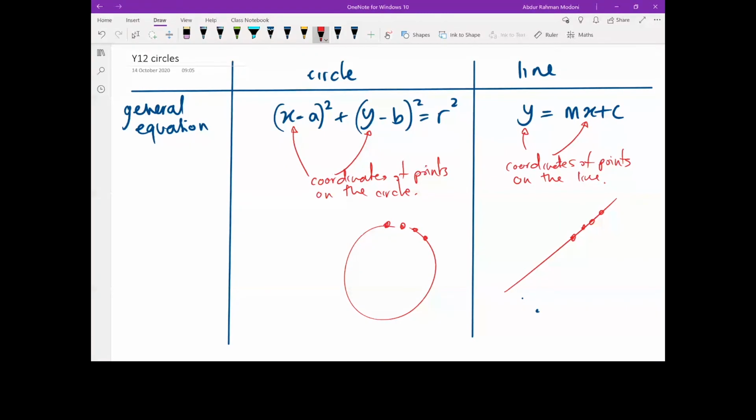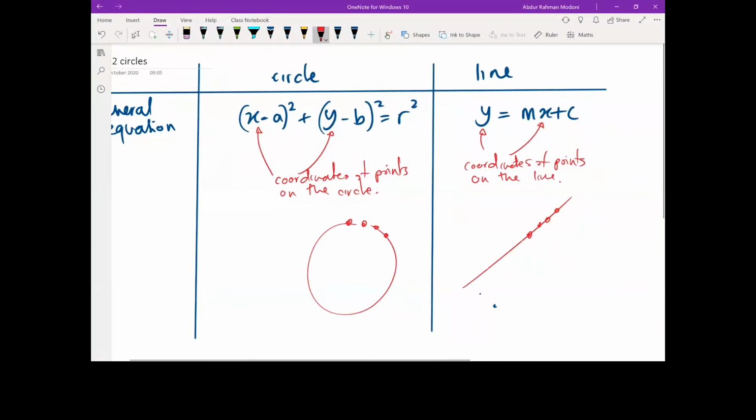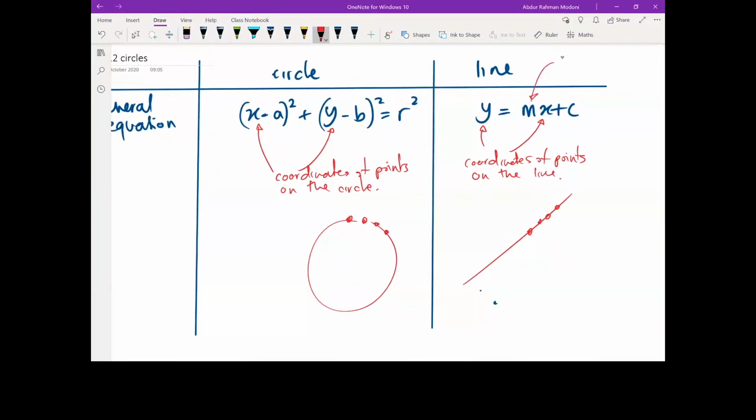However, the other things that we've got here in the equation is the m, which is a gradient, is a constant. For a particular line, it will be a particular gradient. Where it crosses the y-axis is also particular to a line.